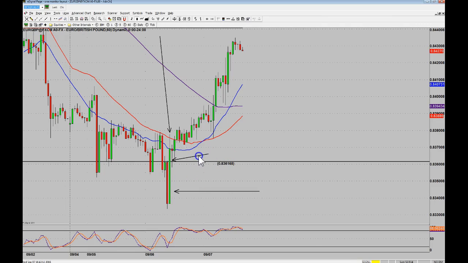He doesn't want to wait for the bar to close all the way up here, or to close down here, before buying. He'll try and buy right above that candle, or even before it if he sees it happening. So this would be your proper entry, and this right here would be your proper stop.